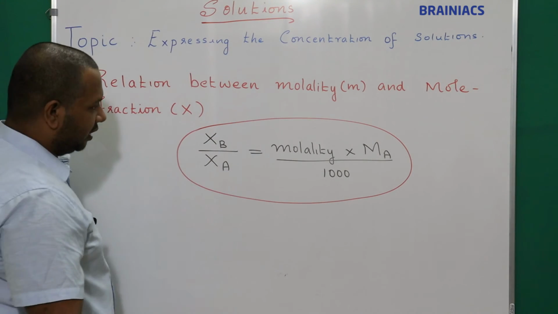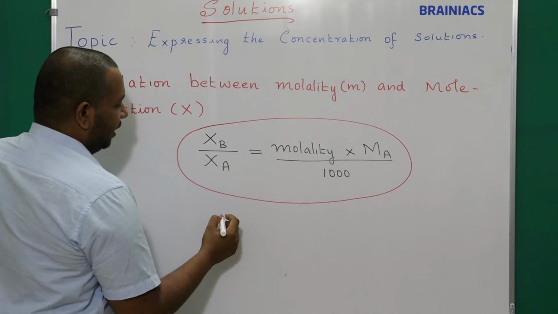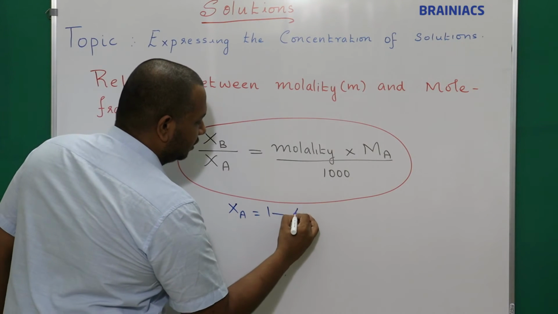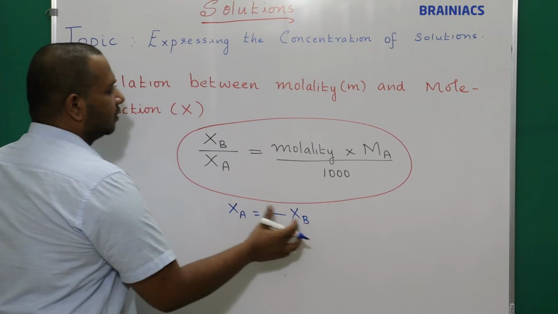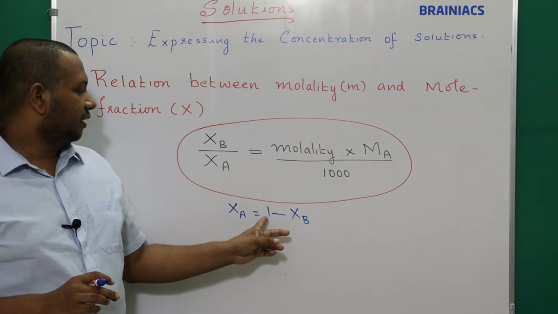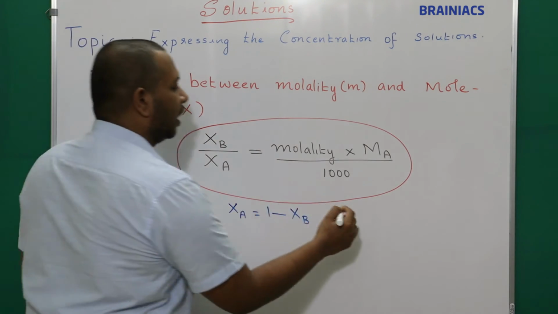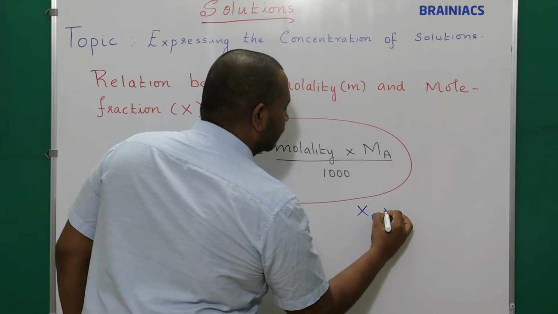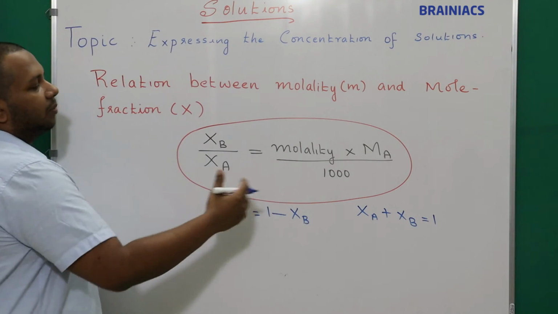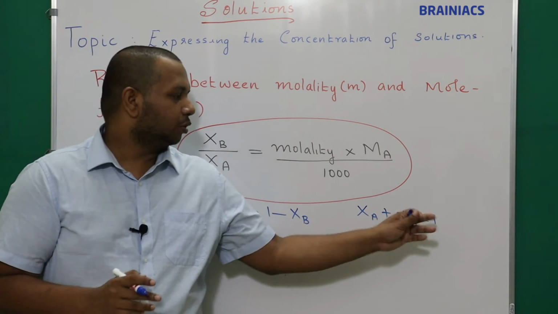We can write XA as 1 minus XB. This we have already learned because the sum of mole fractions is always equal to 1. So XA is equal to 1 minus XB, from XA plus XB is equal to 1. We know that the sum of mole fractions of all the components is equal to 1.